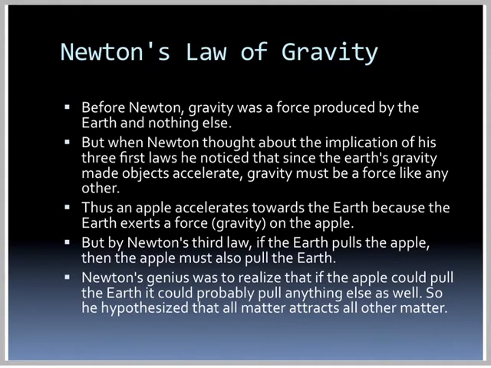But if he believes his third law, if the earth pulls on the apple, the apple must also pull on the earth. So Newton's genius was to realize that if the apple could pull the earth, it could probably pull anything else as well. So he hypothesized that all matter attracts all other matter.